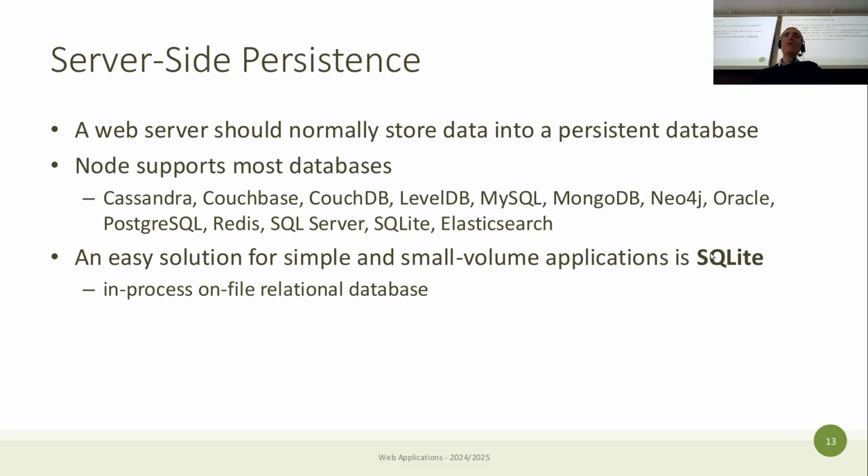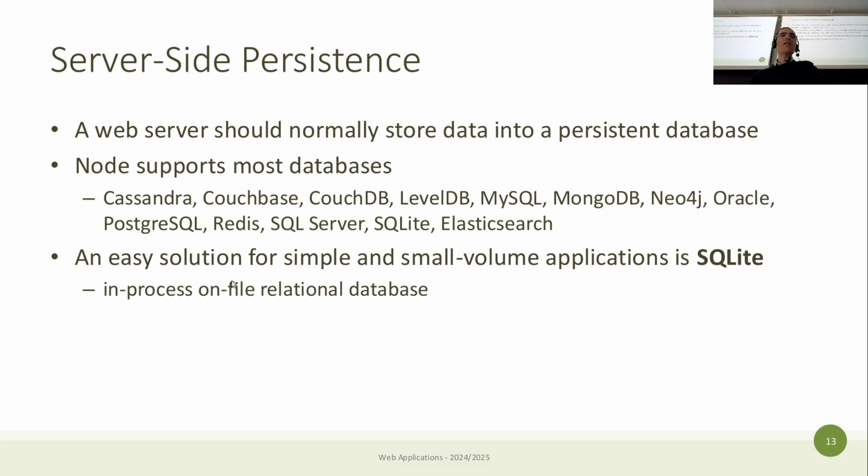In this course, we will use the SQLite format for the database, which is a very, very simple type of database, which is sometimes useful also for simple applications, because it doesn't require you to start a process, okay? It's just a file. So it's a relational database, so you can use SQL, select, insert, update, delete, all these queries that are used to query and store and retrieve information from the database.